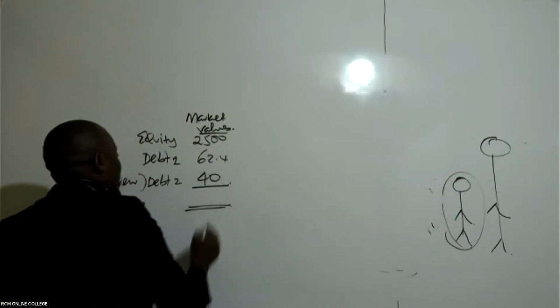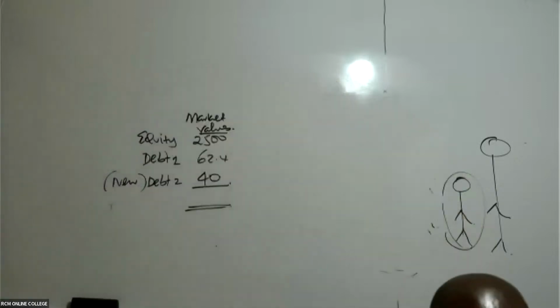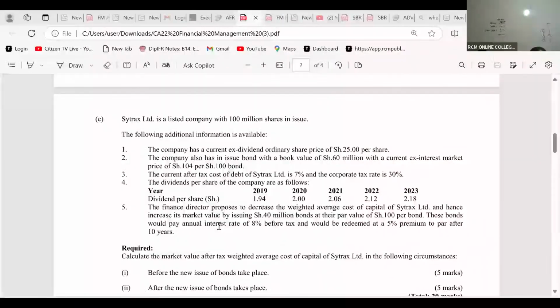Can somebody give me this total? The market value of the debt that we have just issued, by issuing a 40 million bond at par value.